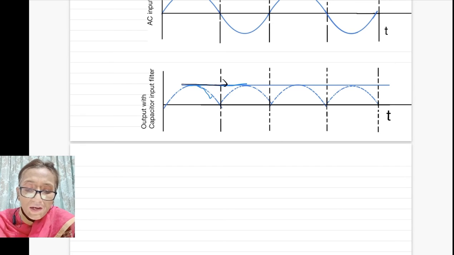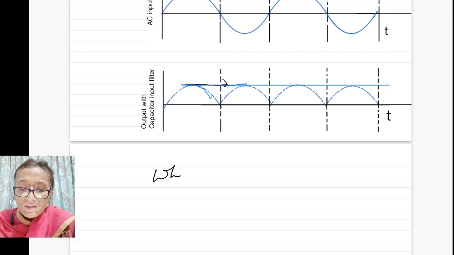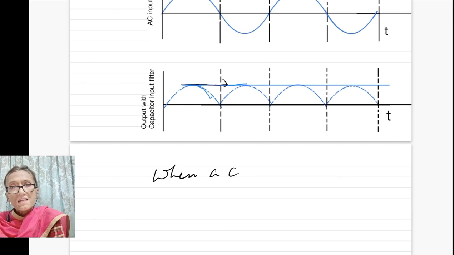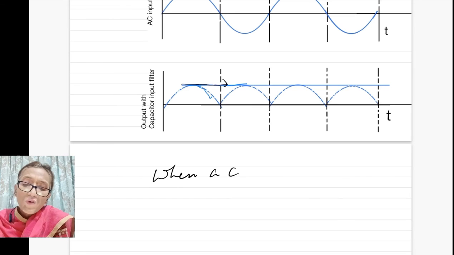So when a capacitor, which capacitor? The filter capacitor, which filters, the filter capacitor circuit.